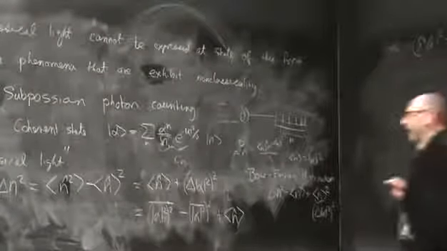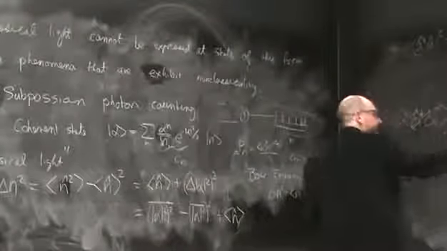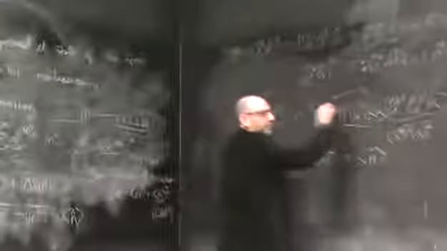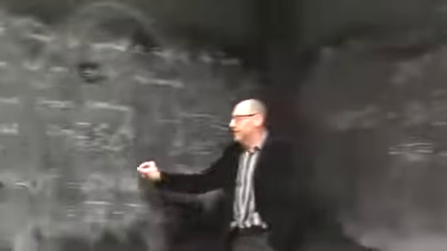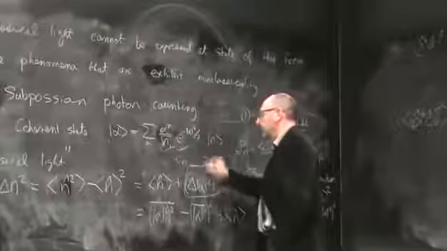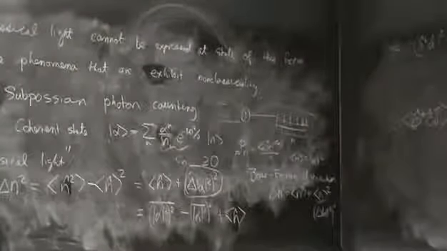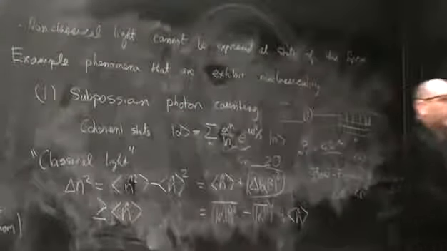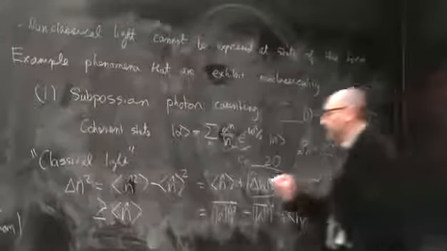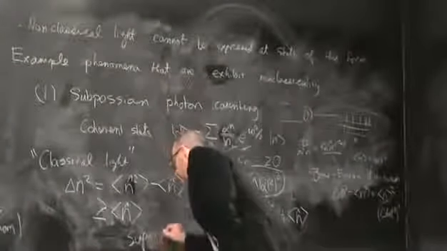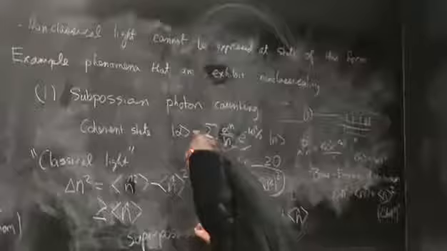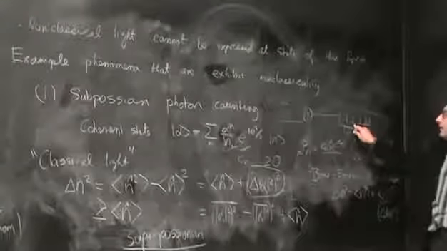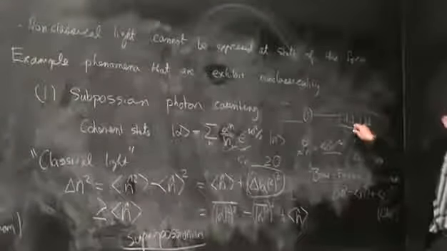So what this says is that if this is a true probability distribution, then this variance is always greater than or equal to 0. In which case, for classical light, the fluctuations that I would see here would always be greater than Poisson statistics.